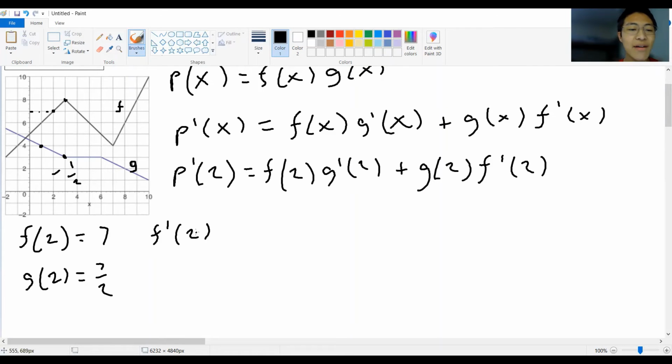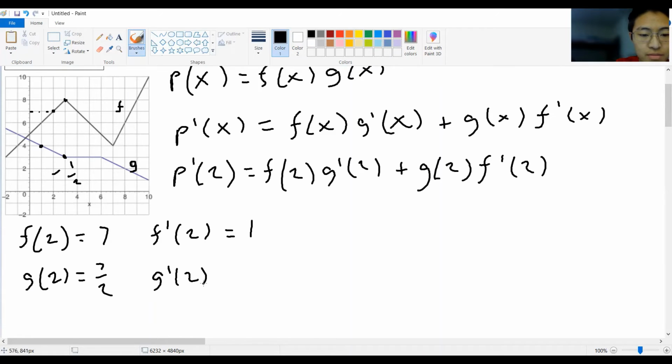Since 2 happens to fall on this line segment where the slope is 1, the slope of f at 2 is just the slope of this particular line segment, which is 1. So derivative is slope. That's a very important idea, especially when you have graphical interpretation of derivatives.